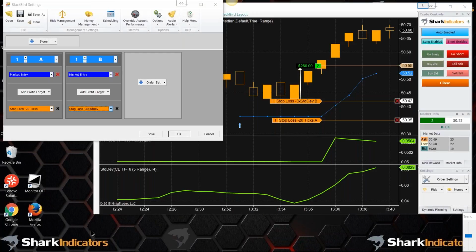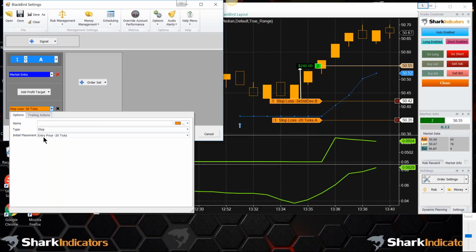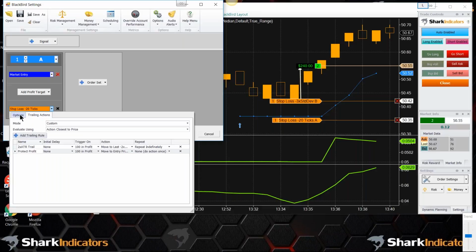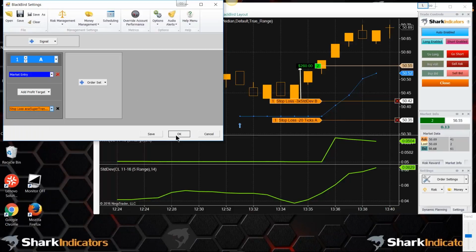Okay, so I'm just going to summarize Frank's question here. Earlier, guys, I was showing what happens if you're using an indicator for your stop loss. So let me do that again here. Let me set my stop loss up to use the anaSuperTrend, with the 0 offset.